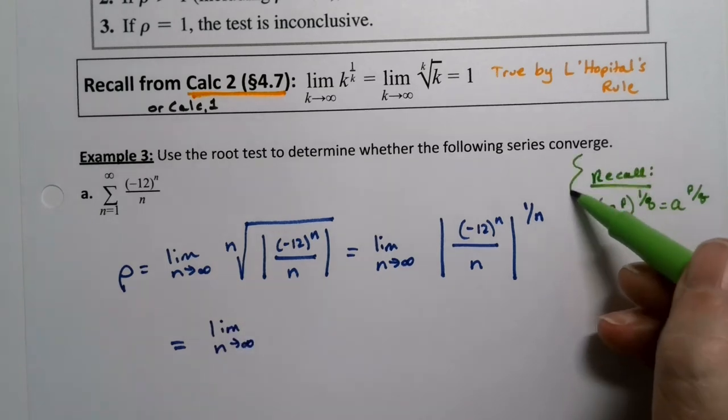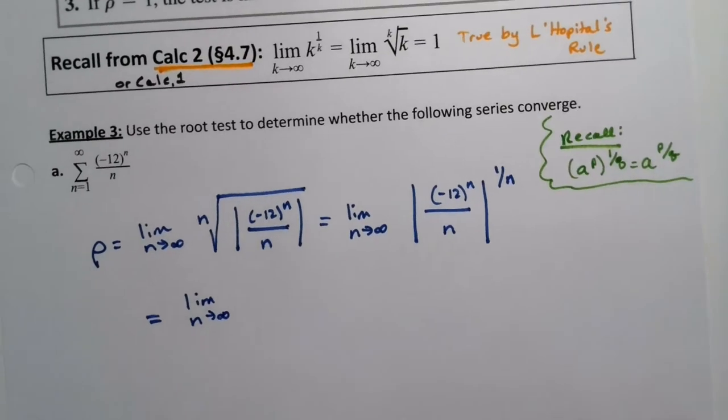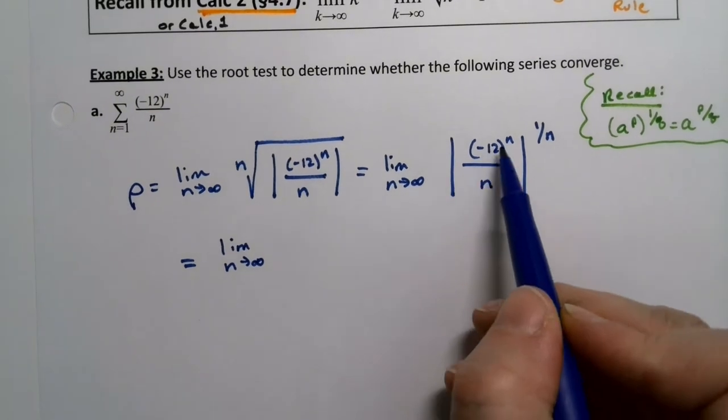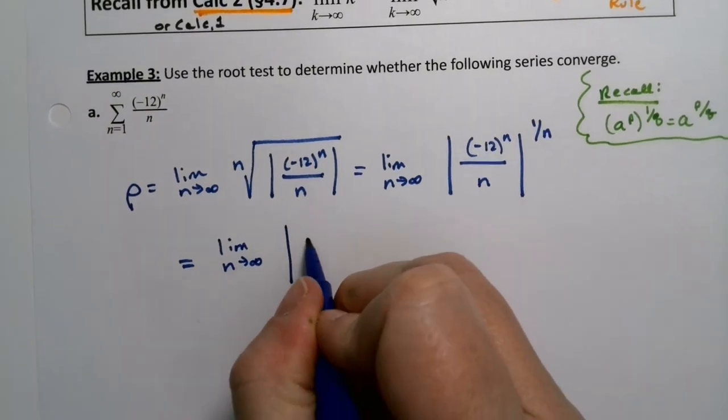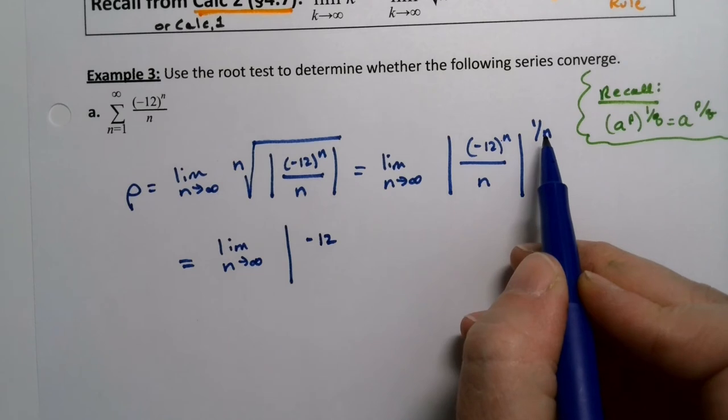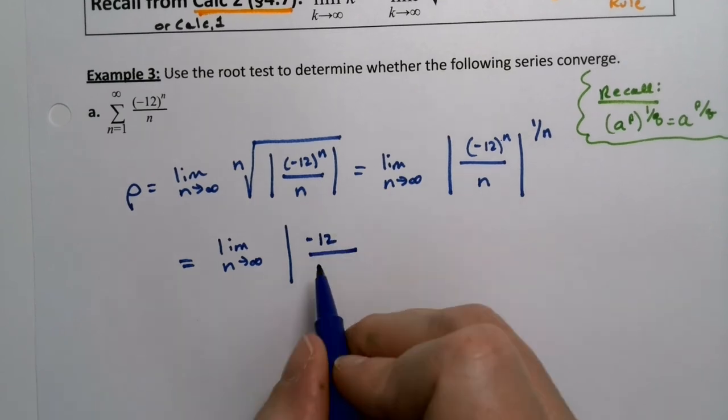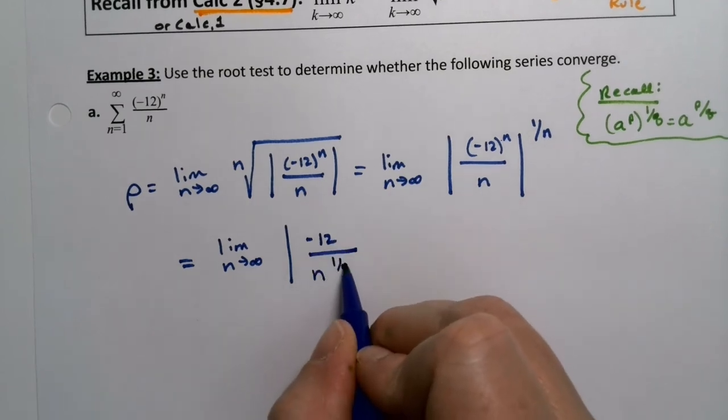So that would mean that it's the limit as n goes to infinity. I'm just going to segment that off. And the limit as n goes to infinity of the absolute value of negative 12, n over n makes 1, so that's gone, and then n to the 1 over n.